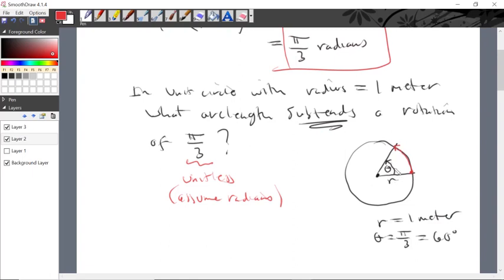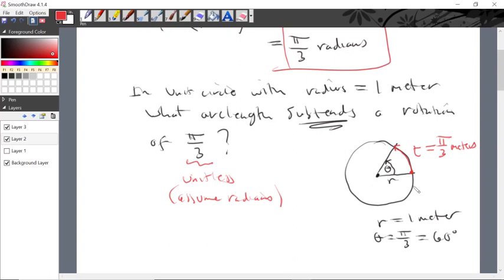If we were to rotate it through 60 degrees of rotation, then what distance did the object actually travel along that path? And the distance it would have traveled in the unit circle is, we can use the variable t. If it was at the unit circle, we should use the variable s. The distance it would have traveled would have to be pi over 3. And in units of distance, it would be the units of meters.